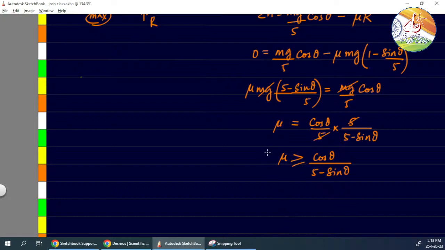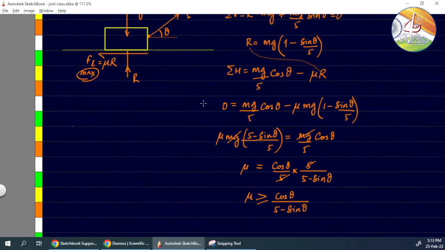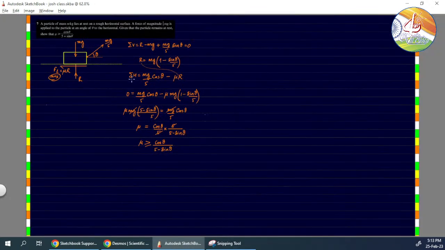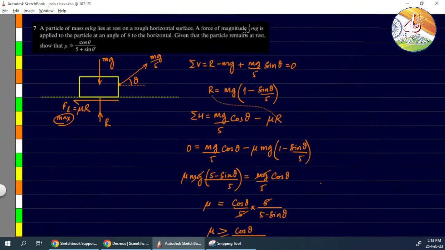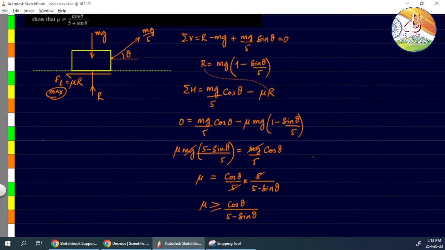If the mu value is less than this, the object will start sliding, correct? And in the question we have been given that it is at rest. Hence the mu value has to be greater than or equal to this. Hence proved. Let's see what we have next.